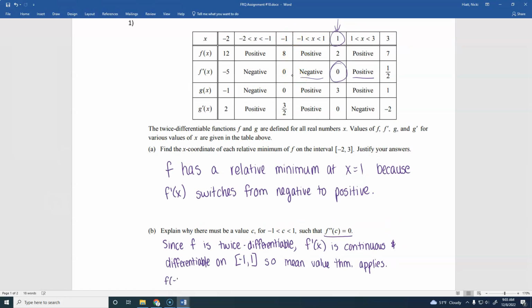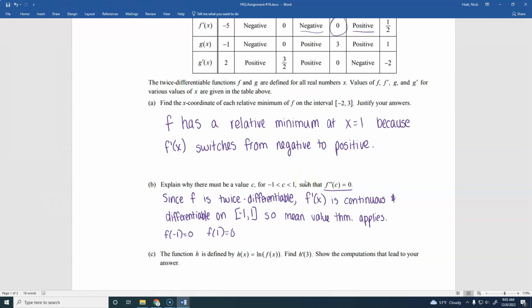We got f prime of -1 equals 0, and f prime of 1 equals 0. Oh, sorry, I should be using primes there. Thank you. And so our average rate of change would be 0 minus 0 over 1 minus -1, 1 plus 1. Either way, we get 0 over 2, which is 0.